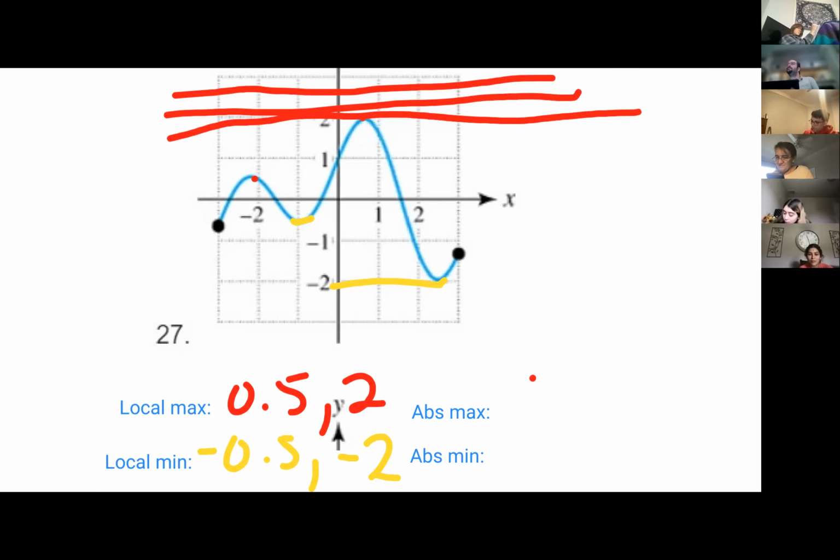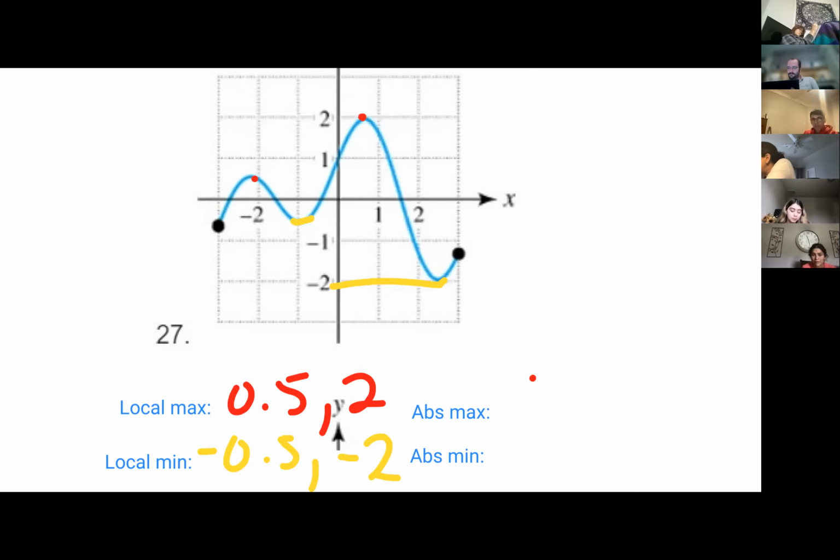I don't know what those points are. Is the first one 3.5? Is it negative 3.5? I'm not sure. Or is it 0.5?